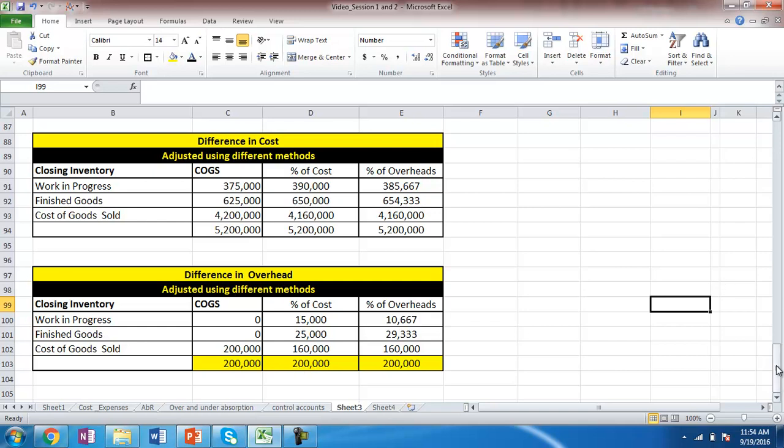So over absorbed or under absorbed overheads can be treated by using different methods, but the different methods will lead to different costs. Now which one is right and which one to apply depends, to a large extent, on the purpose for which we determine cost and the process in which we determine the cost. Thank you very much.